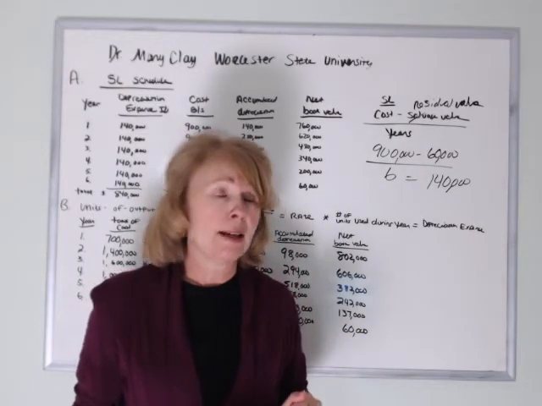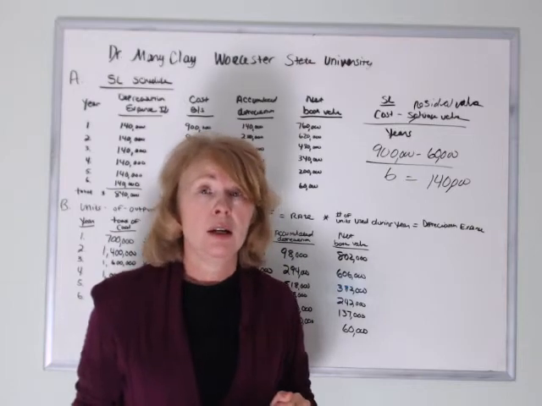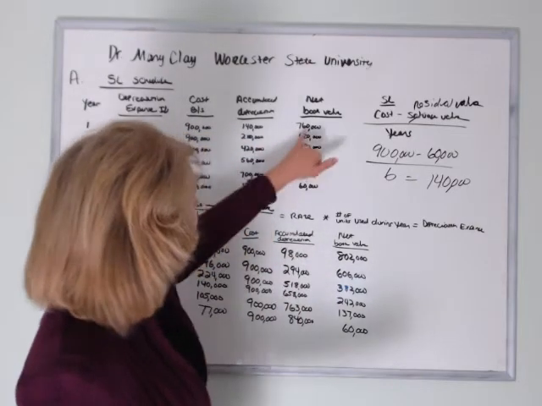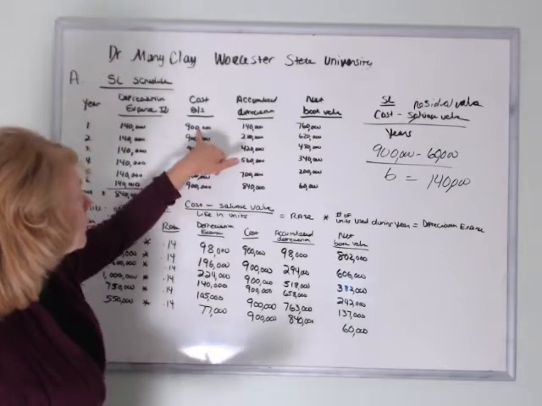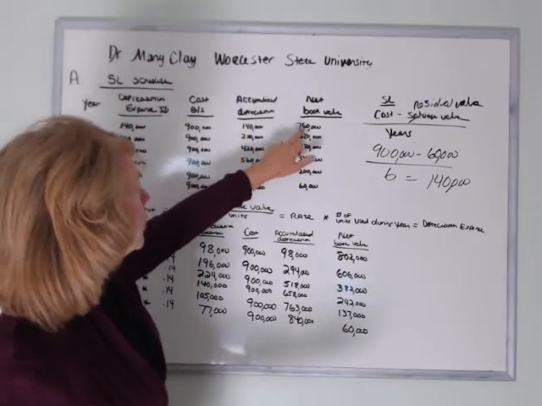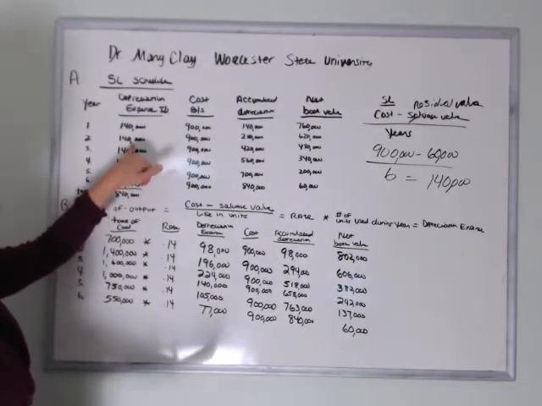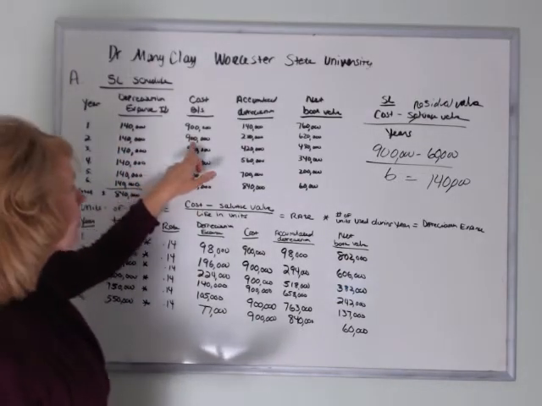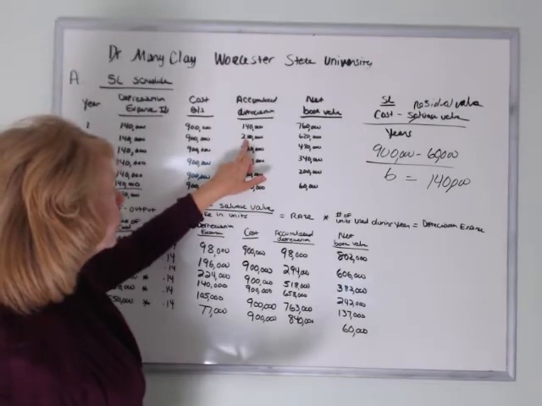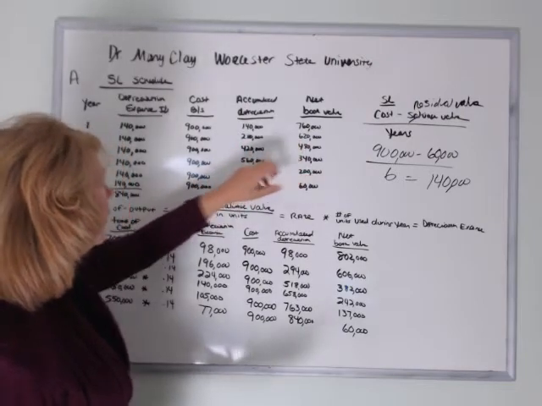So please write that in your notes. You're going to do that a lot in this exercise. You would take the cost minus the accumulated depreciation. That gives you the net book value. Year 2, exact same amount of depreciation expense, and cost minus accumulated depreciation gives you book value.